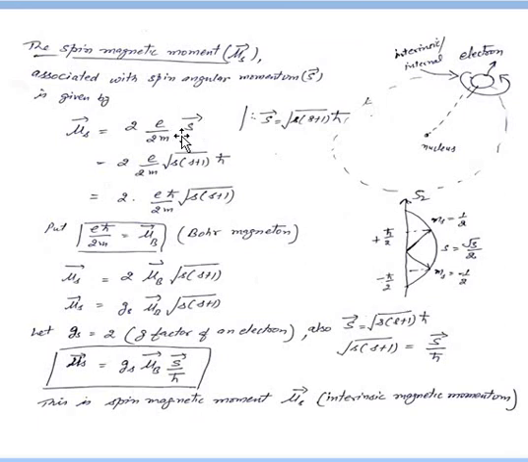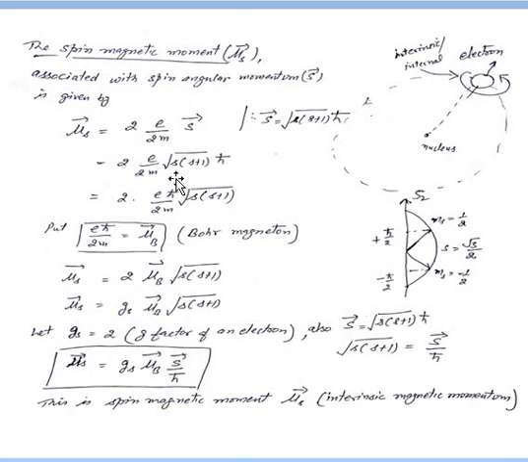So this capital S vector is normally equal to the square root of s into s plus 1 times h cross. We know this. If we use this value here, we will find this particular value with h cross. That is e h cross upon 2m times the square root of s into s plus 1.